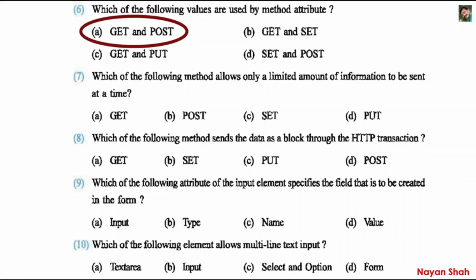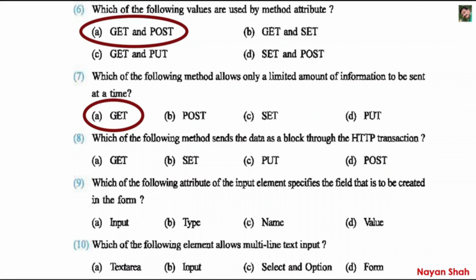Next question, which of the following methods allows only a limited amount of information to be sent at a time? Now you know there are two methods. So option C and option D are not there. So you can even exclude a wrong answer if you are not sure about the correct answer, and then think about the rest of the options. So here we have two things to consider, get or post, and you very well know that get is the correct answer because using get, data gets attached to the URL.